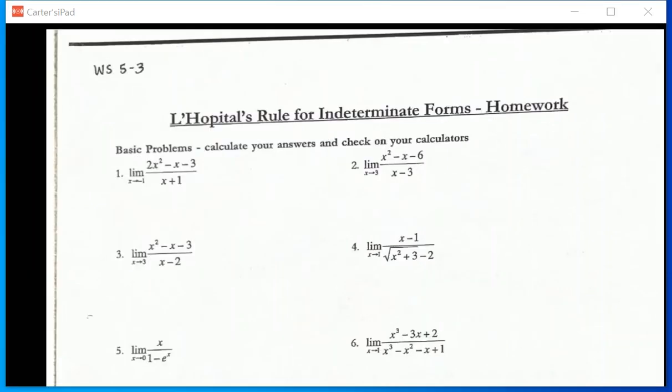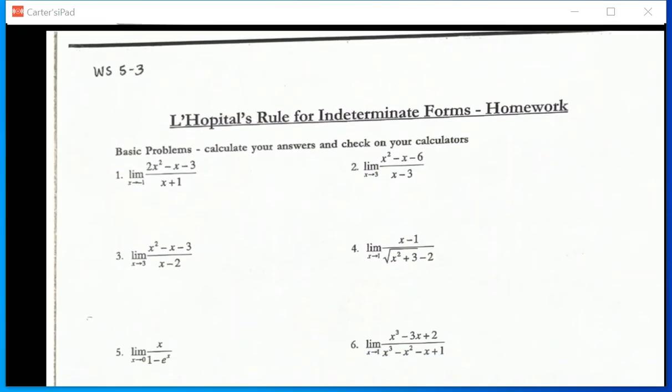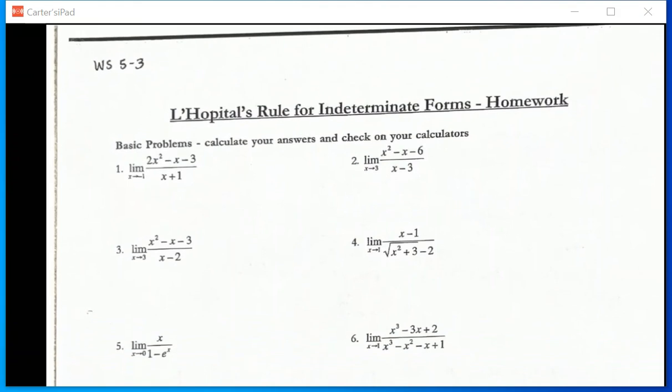And then you guys, we're going to be working on page 18 of the packets. We're going to be learning something called L'Hopital's rule.